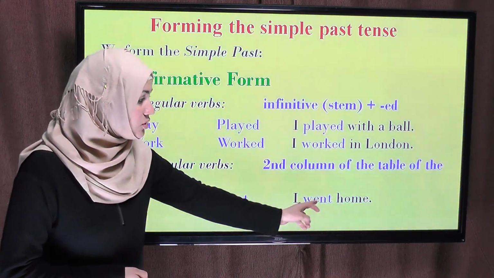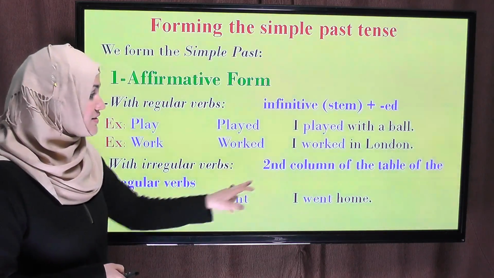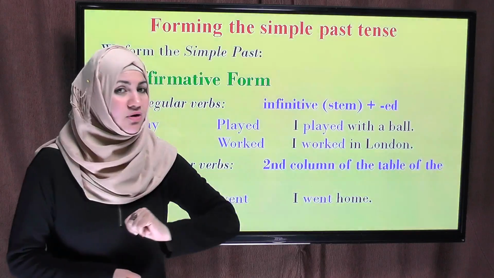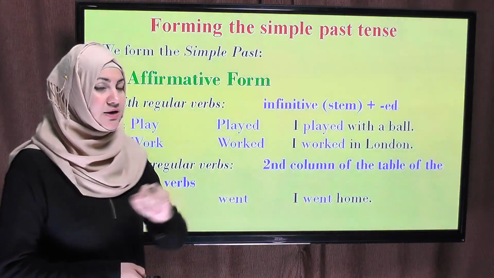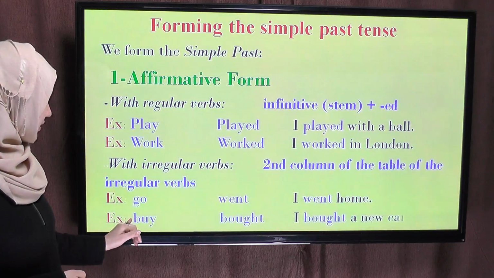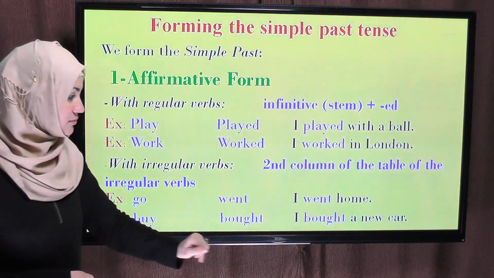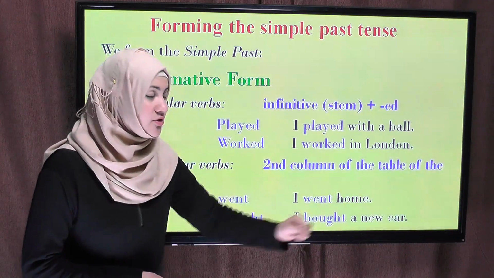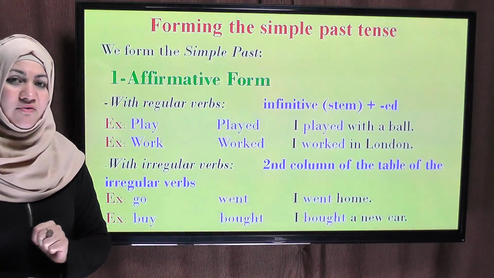An example, I went home. You will find this form in the second column of the table of irregular verbs: go, went. I went home. We have example 2, buy, bought. Example, I bought a new car. This is also another irregular verb.